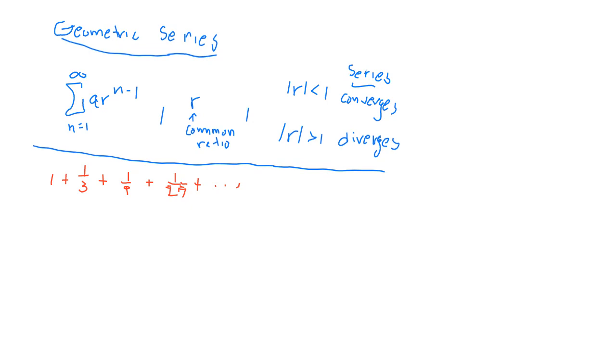Now we could write that sum as a geometric series with a common ratio of R, and the first term is A, which is 1.